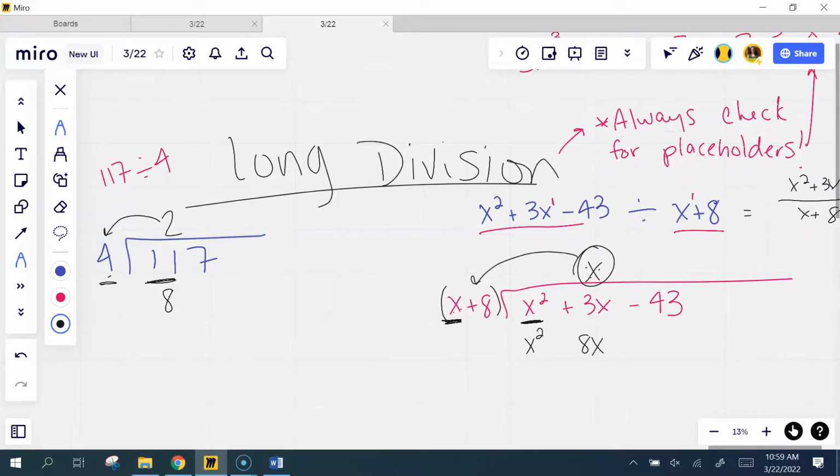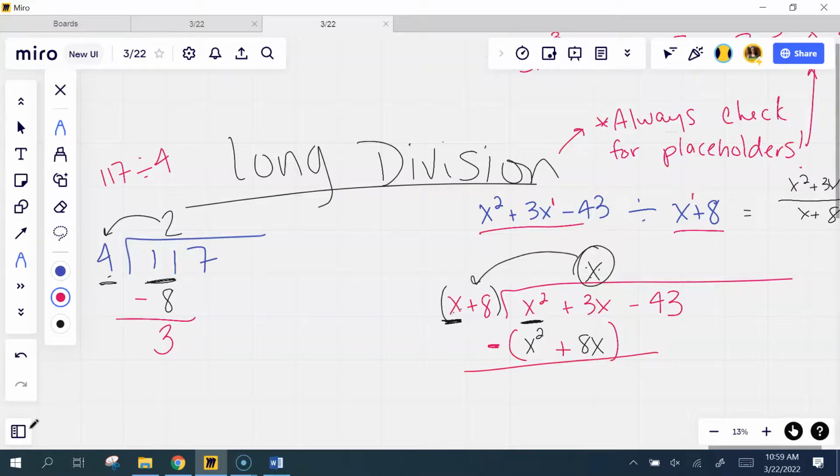Okay. Back to the blue example, what do you do? Subtract. 11 minus 8 is 3. So back over here, I am going to subtract all of this, every bit of it, okay? This is a positive 8x, and I'm subtracting it.